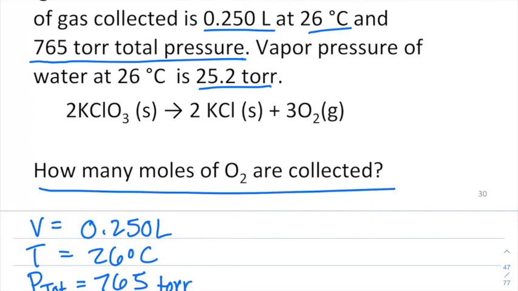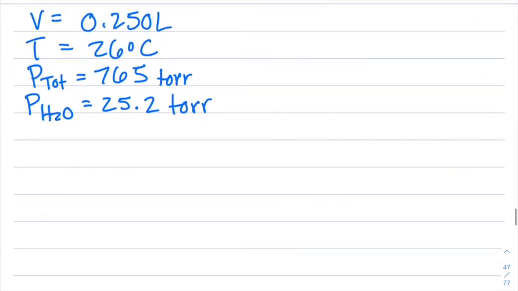All right. So this is an ideal gas law problem. So what we want to know is how many moles of oxygen we have. So we need the pressure of oxygen alone times the volume. That will give us our number of moles of oxygen times R times T. All right, so we know our volume.